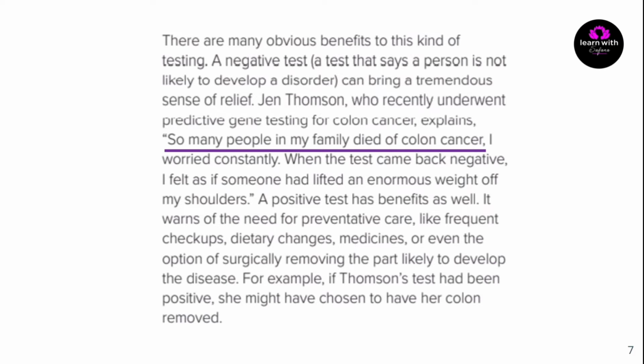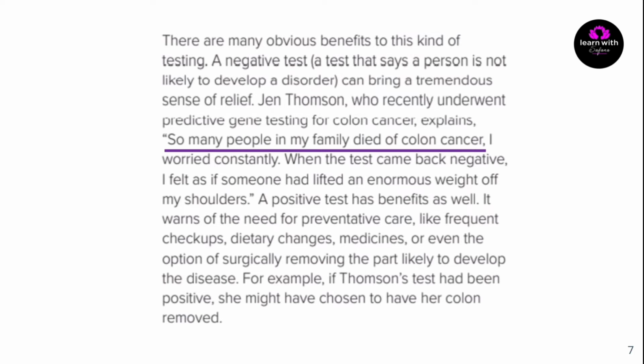sense of relief. Jen Thompson, who recently underwent predictive gene testing for colon cancer, explains, "So many people in my family died of colon cancer. I worried constantly. When the test came back negative, I felt as if someone had lifted an enormous weight off my shoulders."